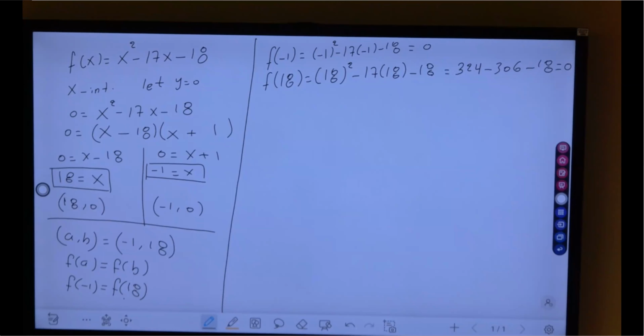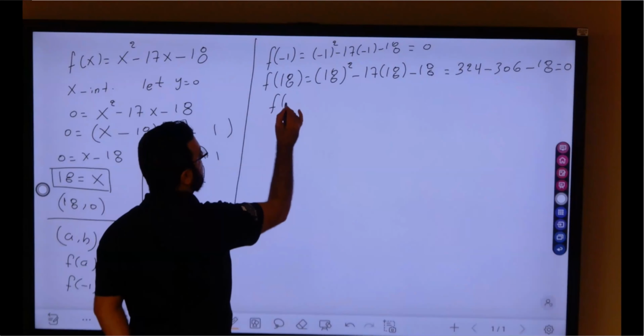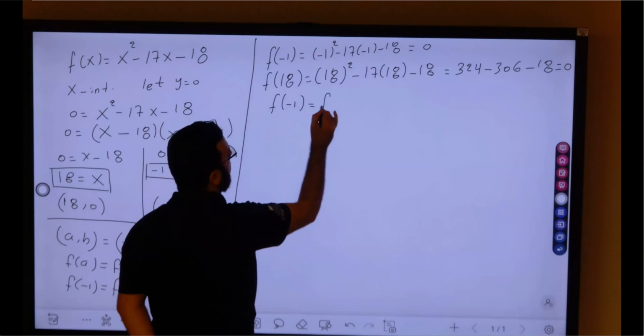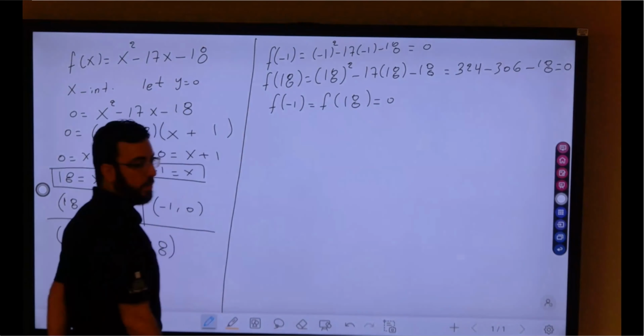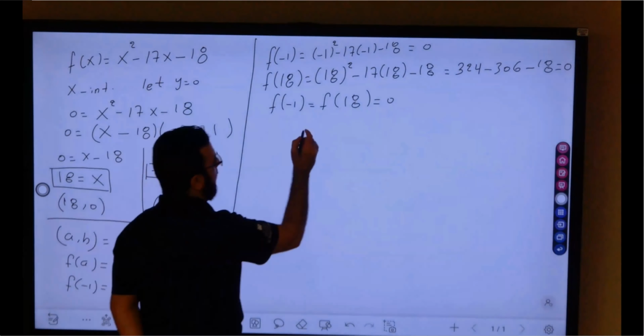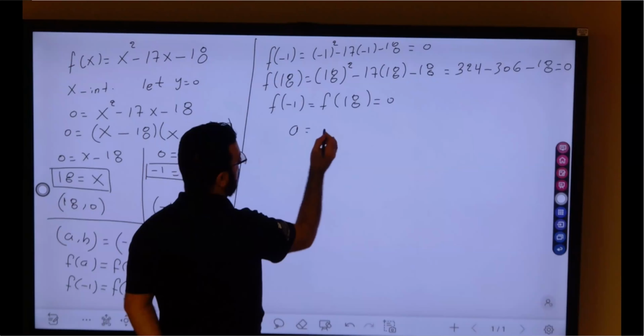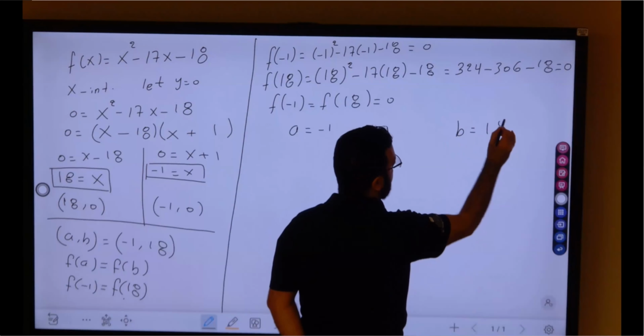So now the condition for Rolle's theorem is satisfied. We found that f(-1) equals f(18), which is equal to 0. That means there is an x between A and B. Here A equals -1, and here B equals 18.